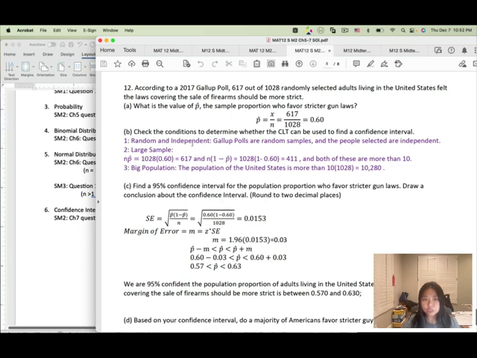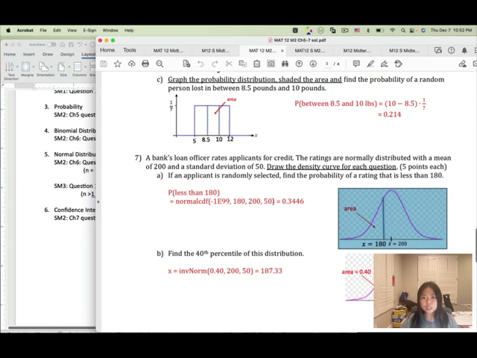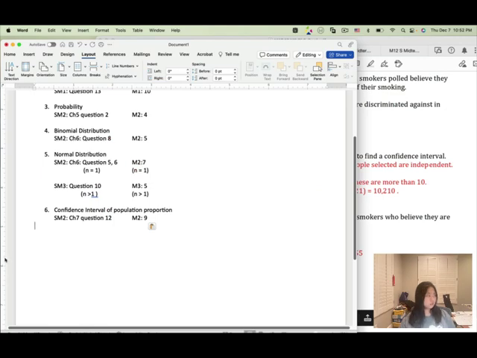Then use the formula to construct the confidence interval. At the end, draw the conclusion regarding this confidence interval. So look at the sample midterm 2, chapter 7, question 12, and the midterm 2, question 9. This one is a similar question, okay?